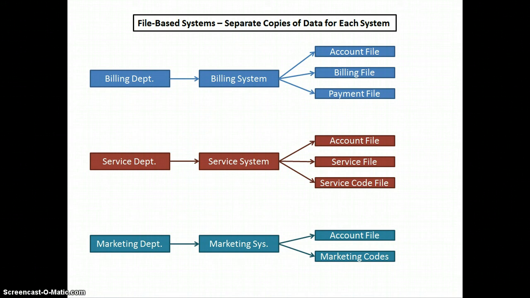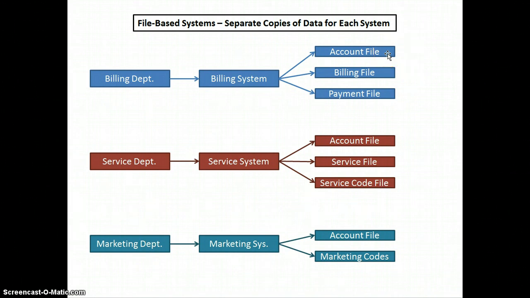So this diagrams what file-based systems would look like. Typically, the billing department and service department would have their own systems, and maybe we also have a marketing department that has its own systems. And in file-based setups, each system has its own sets of files.